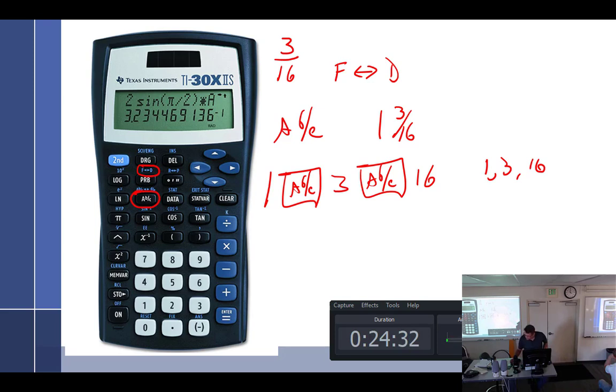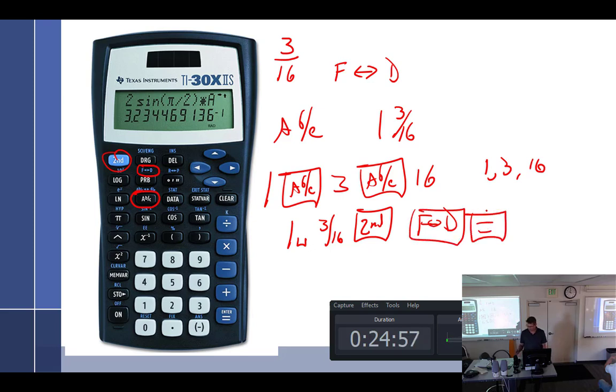And if you hit enter, it's 1, little u, and 3/16. How cool is that? Now I want to know what that is as a decimal. Because it's in blue up here, you have to hit the second key. So we're going to hit second, FD, equals.